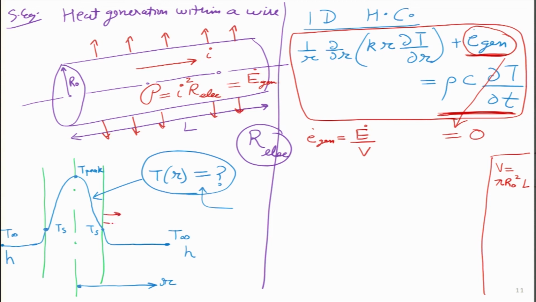That thing we are showing over here in 2D as well. This is the convective heat loss which is taking place, and this convective heat loss will be H, which we have defined over here, times A, times T of the surface minus T infinity.